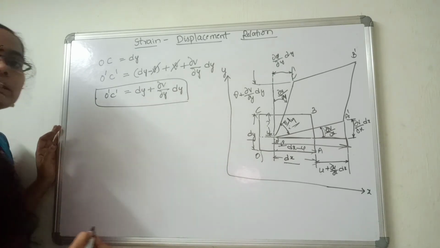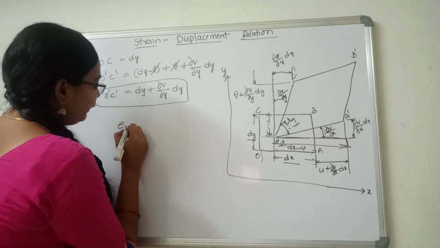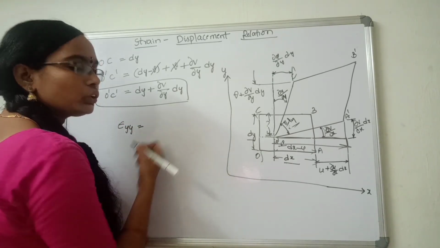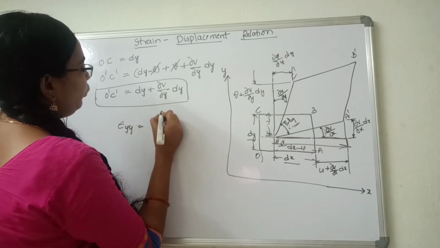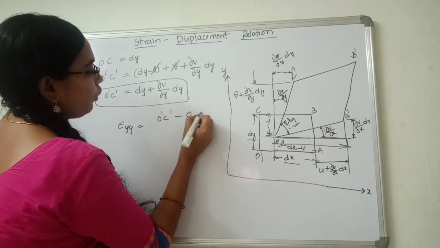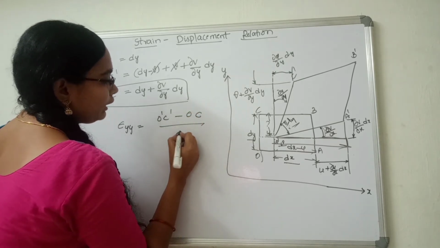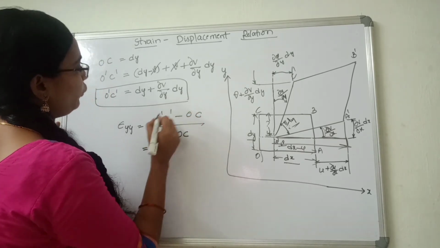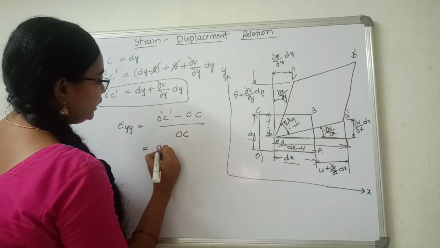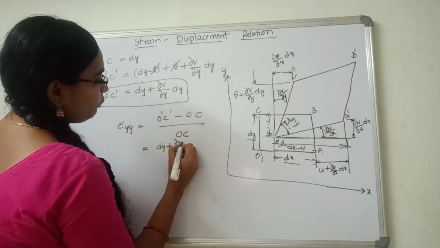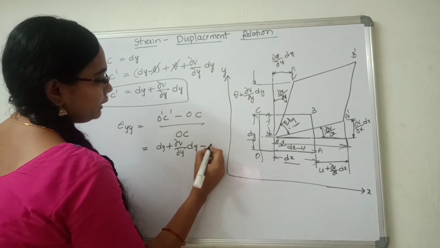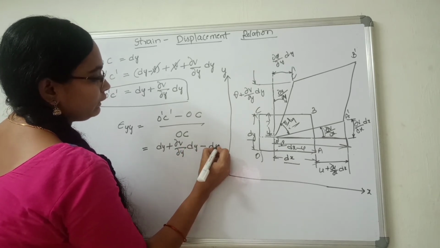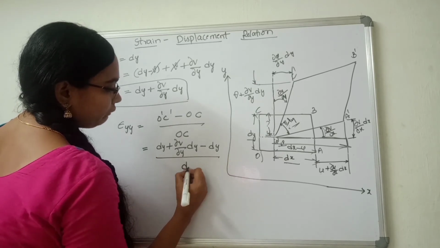We know strain along y direction is equal to change in length by original length, that is o dash c dash minus oc by original length oc. o dash c dash is dy plus dou v by dou y dy, minus original length dy, by dy.